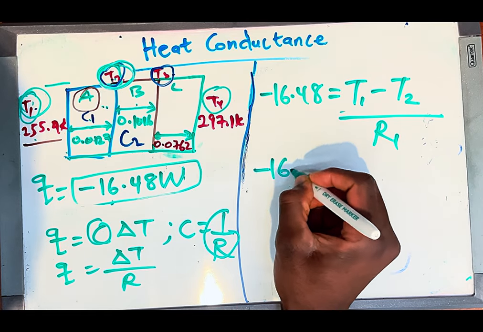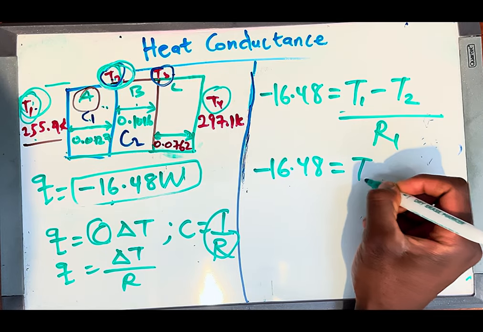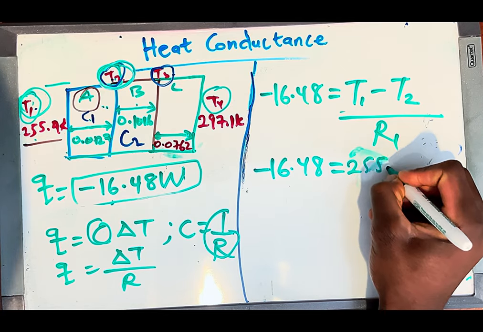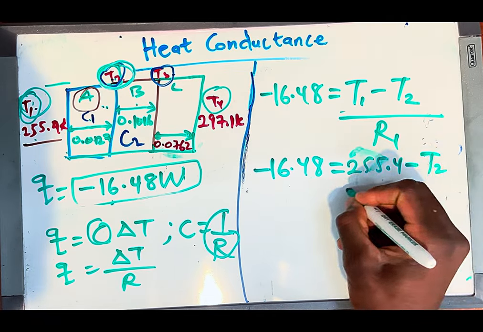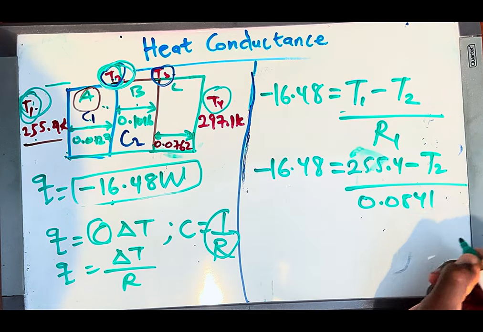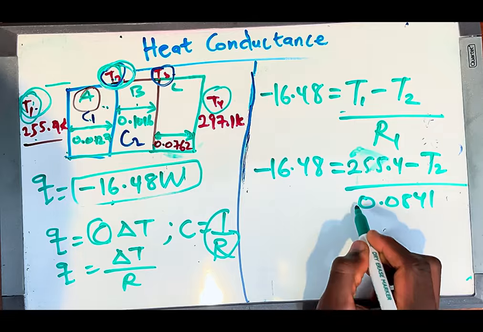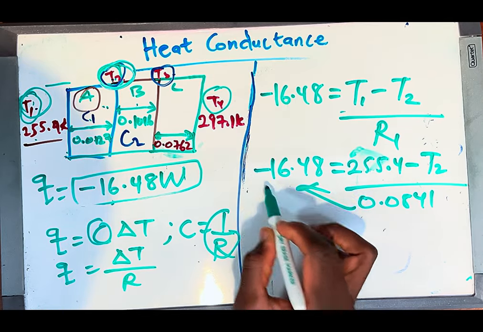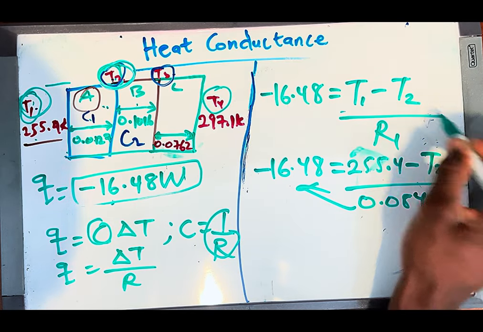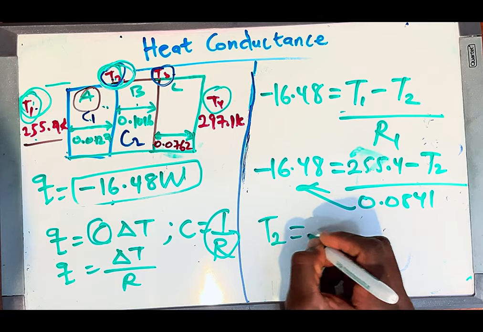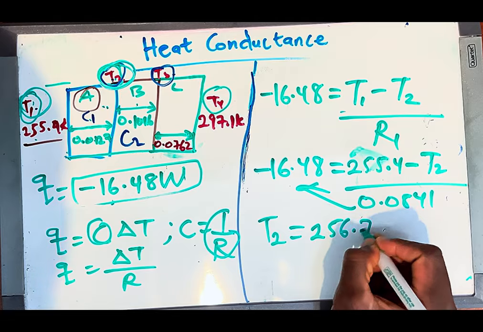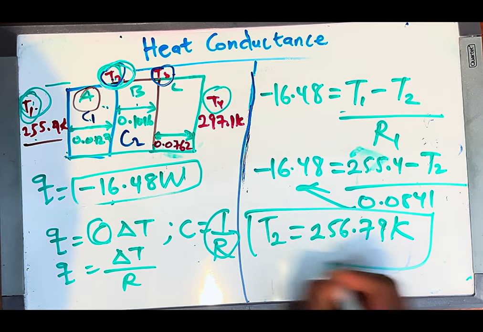Then we get negative 16.48 equal to T1, which we know to be 255.4, minus T2 that we are looking for, all over the first resistance, 0.0841. So just make T2 the subject. You multiply this by 16.48. Don't forget the negative sign. Use it for the calculation. So you multiply and then you send it to this side, and then the T2 will come here. And then you have your T2 to be equal to 256.79 Kelvin. As simple as that.